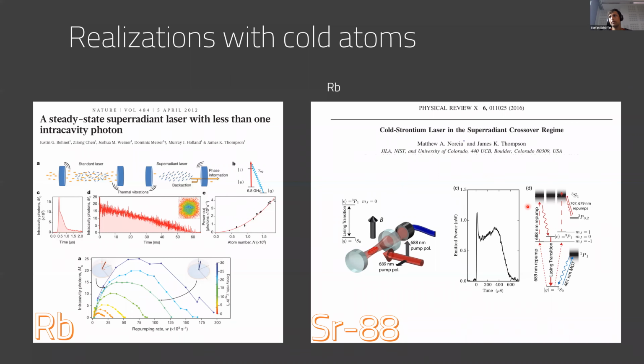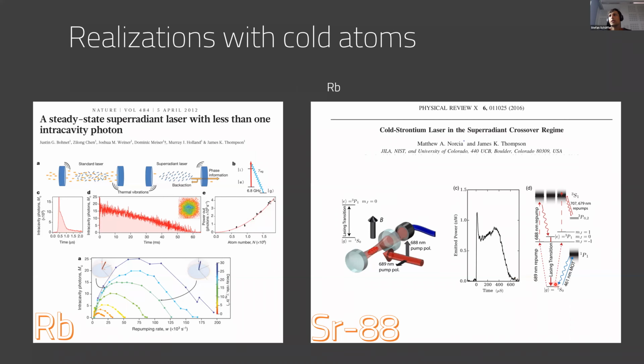So this gives you kind of a 4-level laser scheme with some leakage holes that can be plugged. Again, they see sustained superradiant emission here for about 400 microseconds, which is much longer than the pulse length of a few microseconds. But once more, they lose their atoms due to heating.